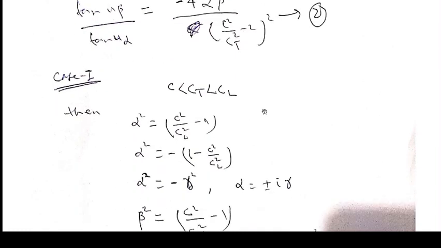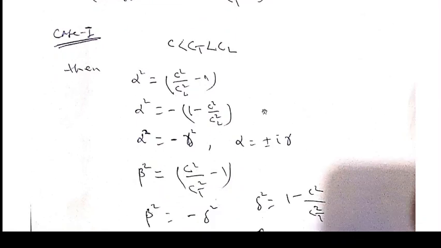So case 1, when CR is less than CT, less than CL. Now we have alpha squared as this, so this is less than 1. From here we can see that C over CL is less than 1. So we can take minus outside and inside we have 1 minus C squared over CR squared.